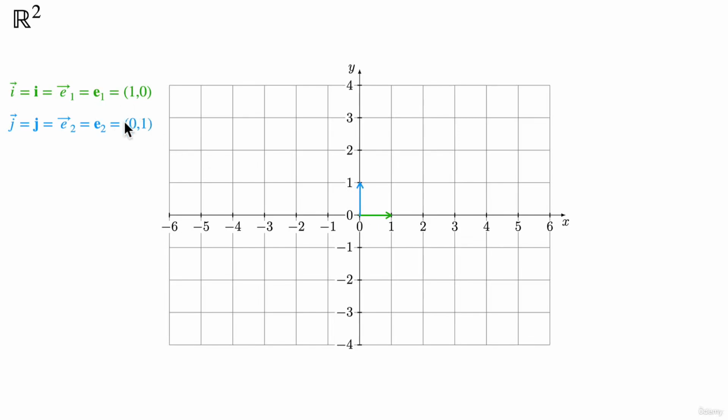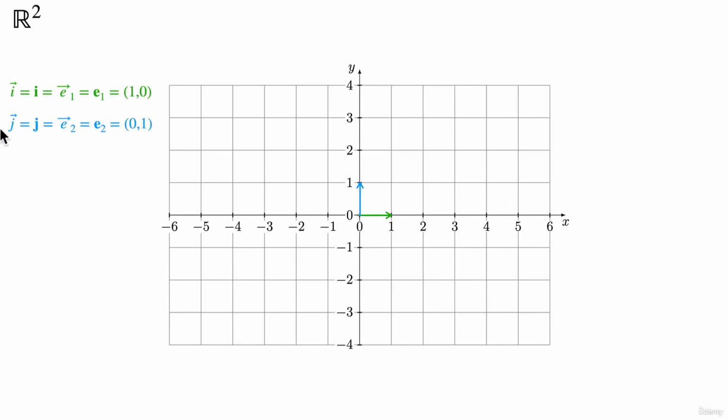And this blue one is the unit vector in the y direction. It has coordinates 0, 1, because there is no change in the x direction. We are going straight up. One step up means that the coordinate y is equal to +1.